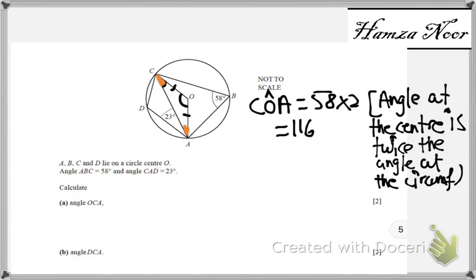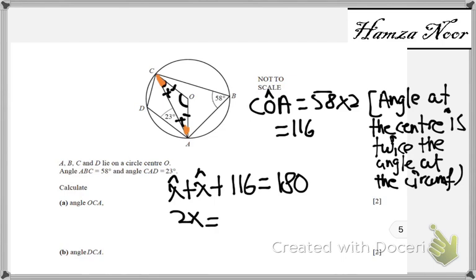If you suppose this is x, so this is also x, so x plus x plus 116 is equal to 180, because the sum of all the angles in a triangle is equal to 180. So 2x is equal to 180 minus 116, 64, and therefore x will be equal to 32 degrees. So your angle OCA is equal to 32 degrees.